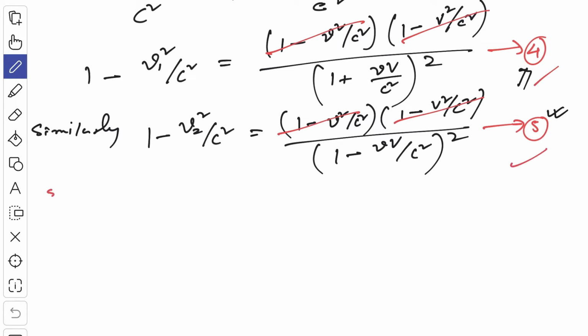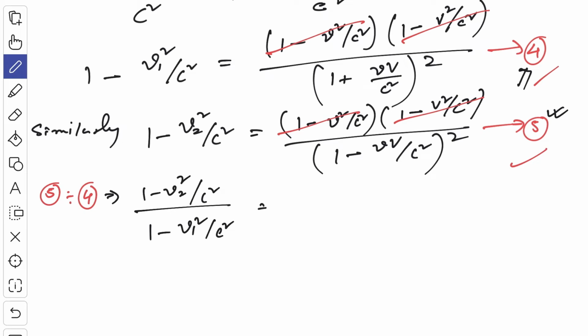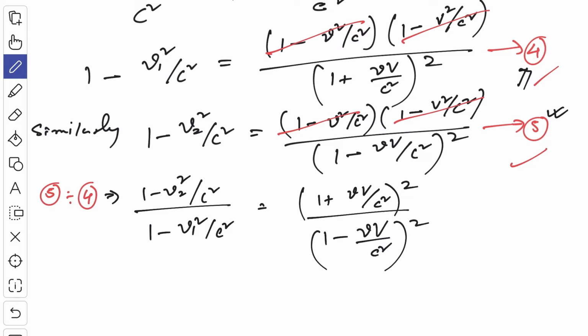So dividing 5 by equation number 4, we're going to have that 1 minus small v2 square by c square divided by 1 minus small v1 square by c square is equal to 1 plus small v into capital V by c square whole square and 1 minus small v capital V by c square whole square. So we get this.